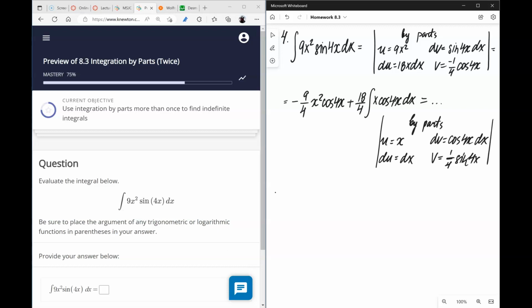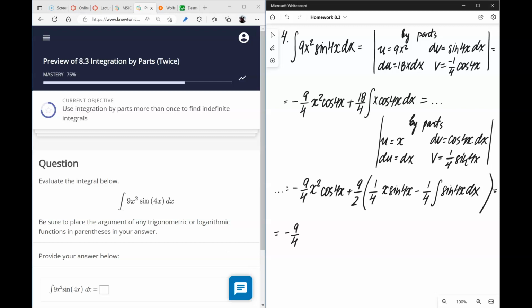Continuing this solution, we have negative 9/4 x squared cosine 4x plus, we have 18/4, which is 9/2. And here I'm going to write the result of the second integration by parts. So it's uv minus integral of v du, and we now are at the finish line.